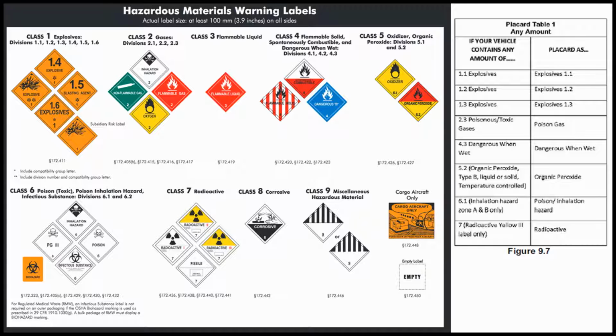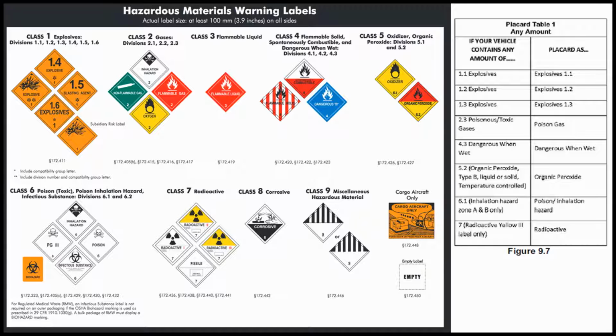If your vehicle contains 2.3 poisonous toxic gases, placard as poisonous gases. If your vehicle contains 4.3 dangerous when wet, placard as dangerous when wet. If your vehicle contains 5.2 organic peroxide, type B, liquid or solid, temperature controlled, placard as organic peroxide.